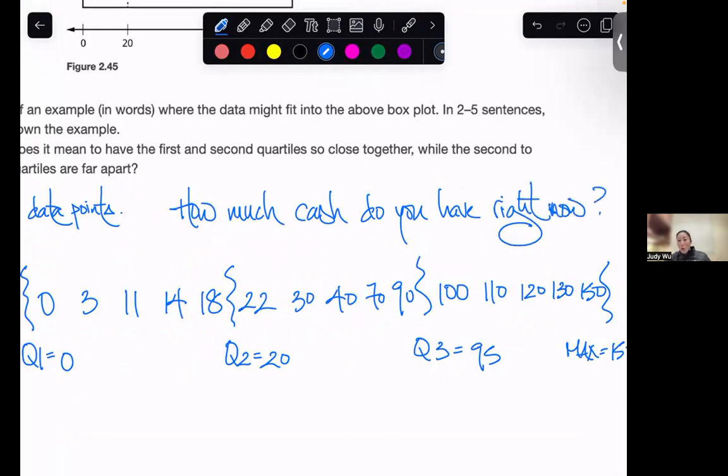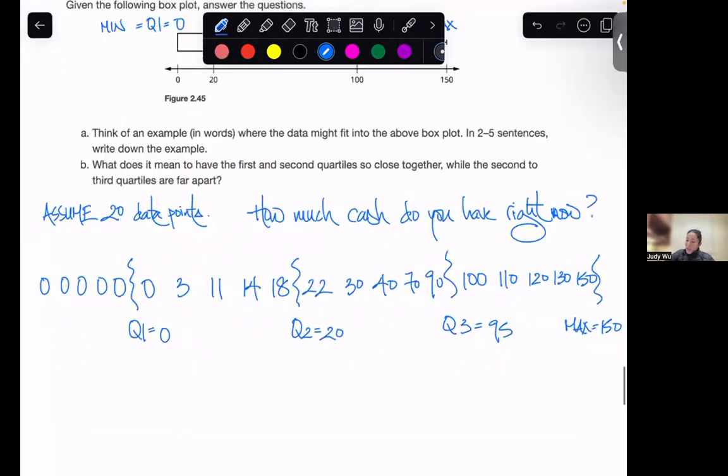If I asked you to open up your wallet right now and say, how much cash do you have? I'm betting that a lot of us are like, I don't even know where my wallet is. I just have Apple Pay and that's what I use for everything. And that might be this clump of people, right? But then we might have people who are like, yeah, I just spent a few dollars the other day. I've got some change. It's just $3. It's not very much.